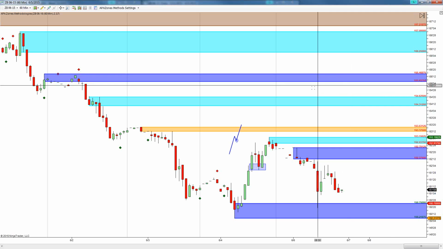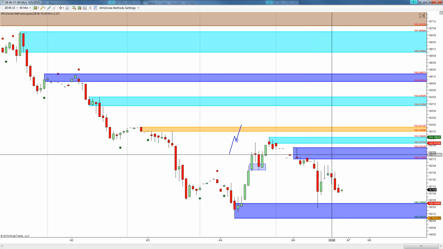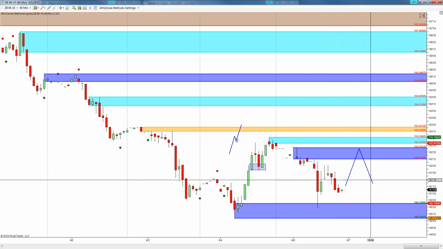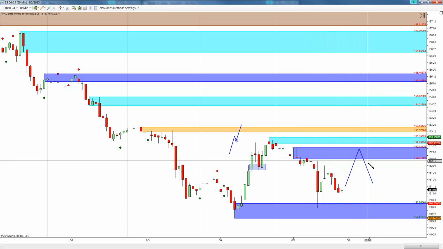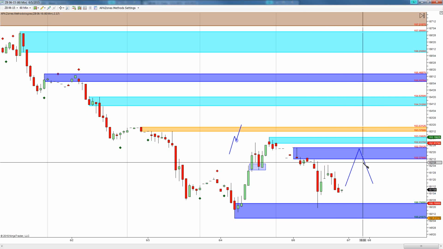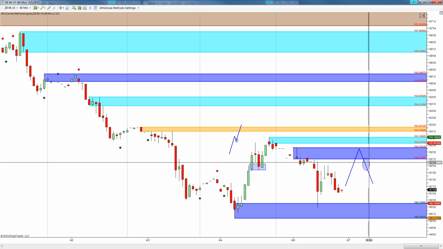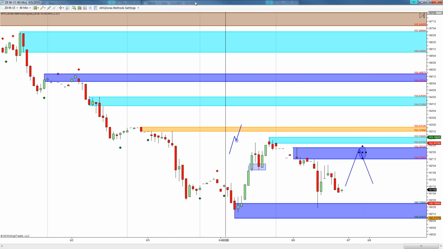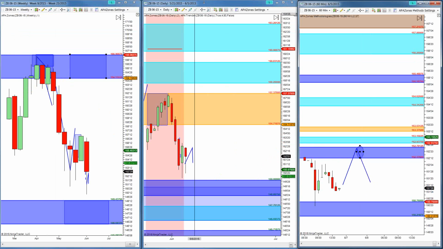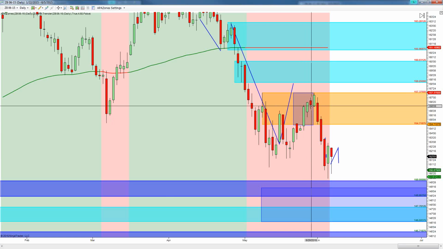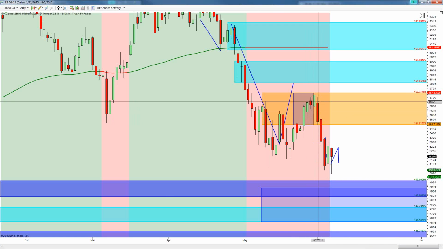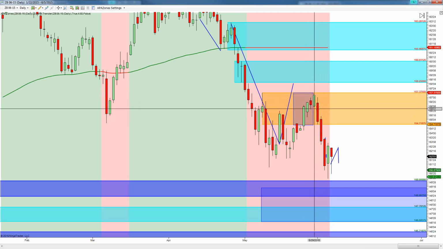So these are potential areas that we can be looking for price to come into and then turn around, and then I like to wait for confirmation. So maybe the confirmation of price action will happen a little bit outside of the zone. Maybe it'll happen in the zone. You know, like if we look at it on a daily chart, it actually happened inside the zone here.